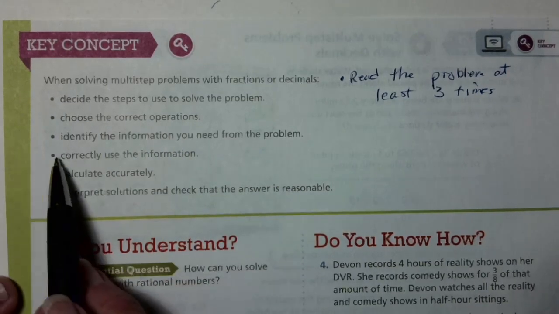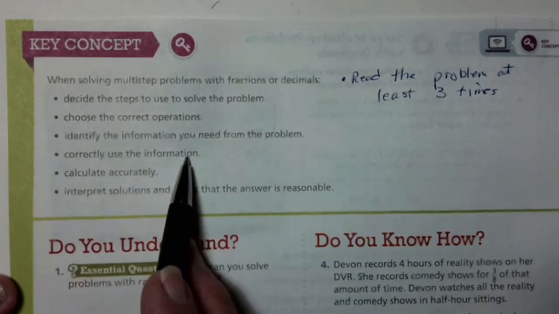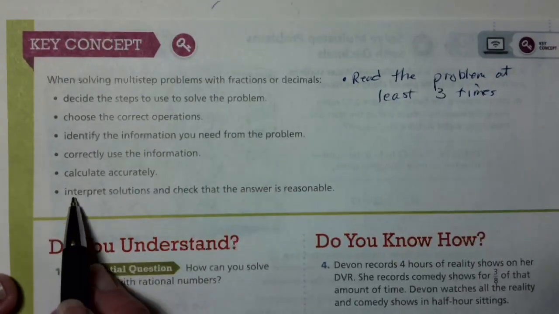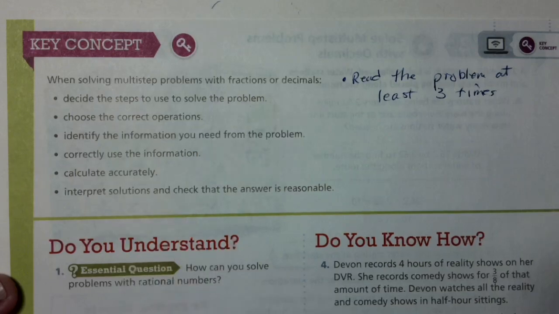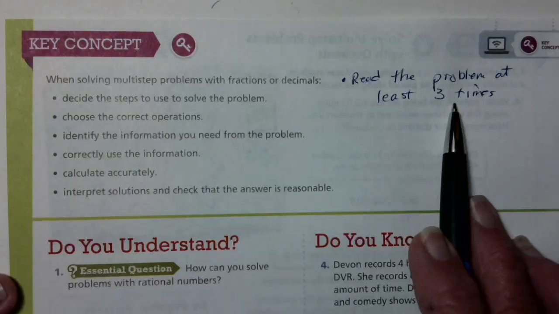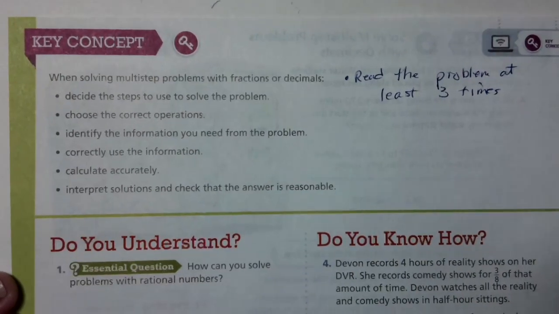We're going to identify the information we need from the problem, correctly use the information, and calculate it accurately. And then we're going to interpret our solution and check to see if that answer is reasonable. All of that is embedded into here also. But if you can't read, you can't even begin the problem.